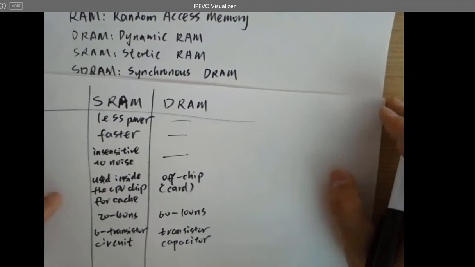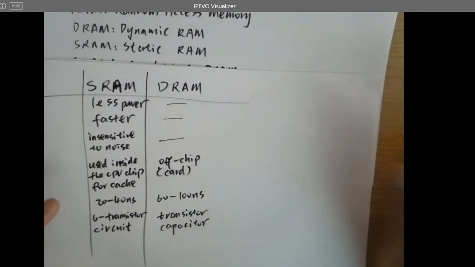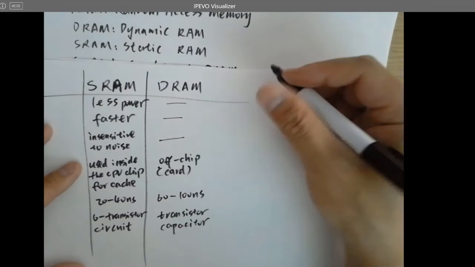When you are trying to order DRAM online to upgrade the RAM memory for your computer, there are all different names: DDR, DDR3, DDR4, and right now DDR5.